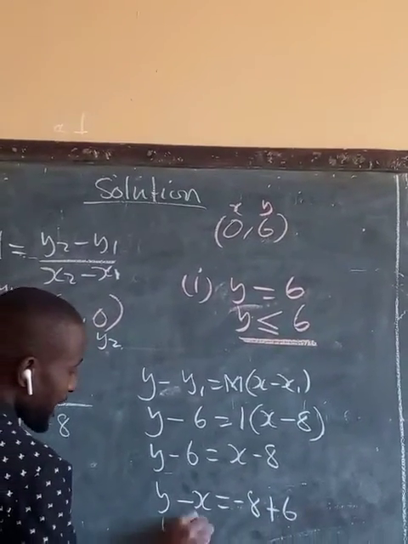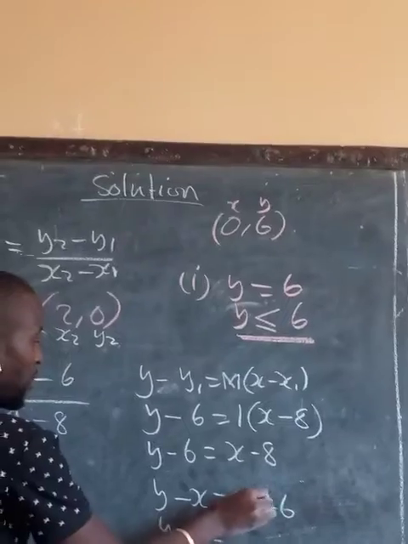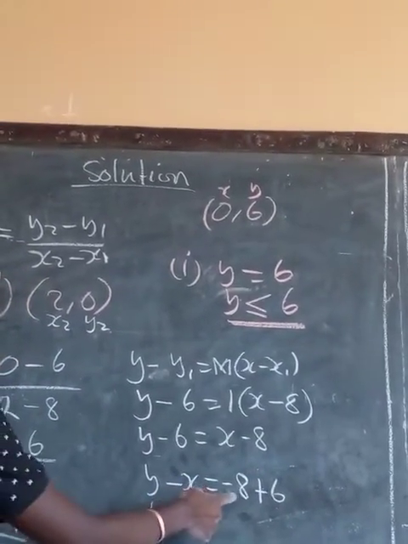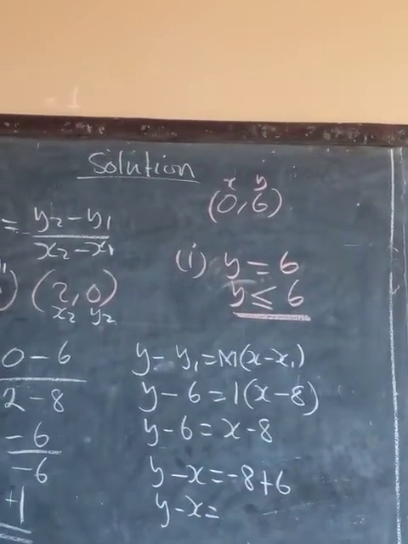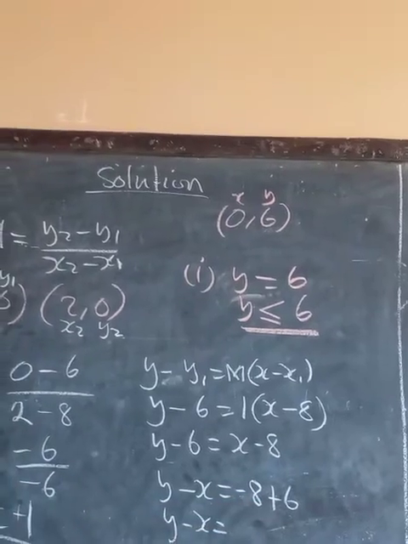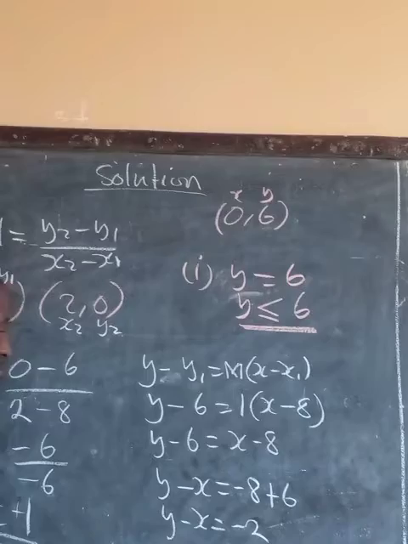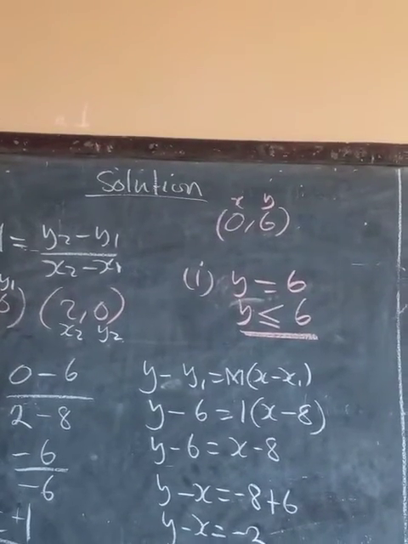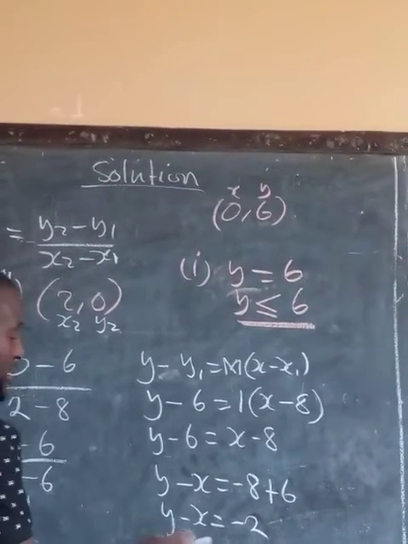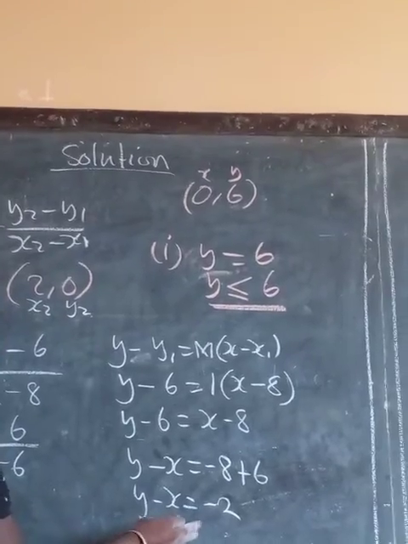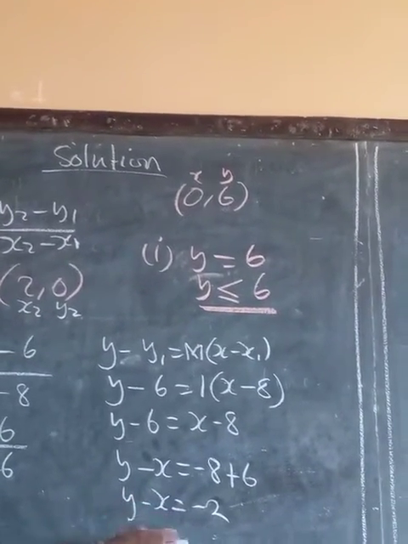So y minus x is equal to, what is negative 8 plus 6? It's more like saying, what is 6 minus 8? Which gives us negative 2. Hence, this is the equation of a line if it is not shaded.